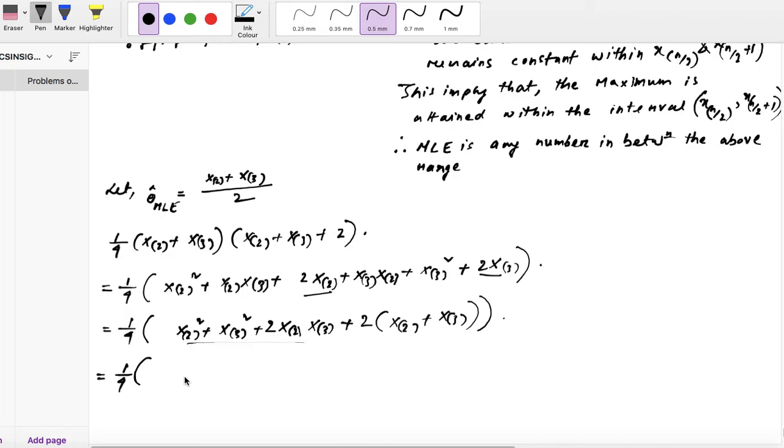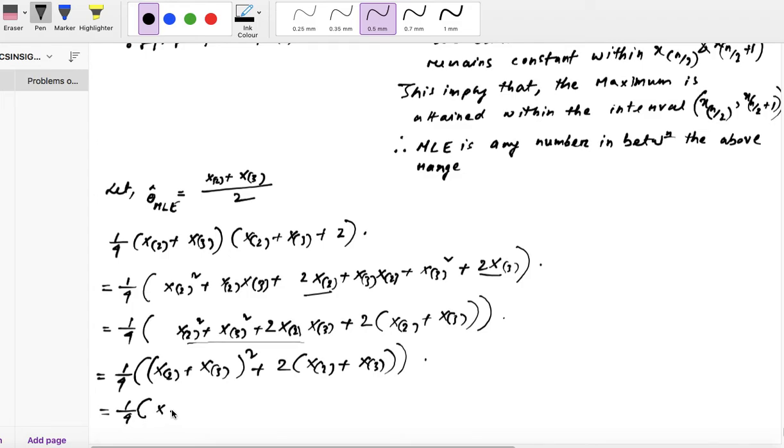These whole terms imply x2 plus x3 whole square plus 2 times x2 plus x3. Now let's multiply 1 by 4.